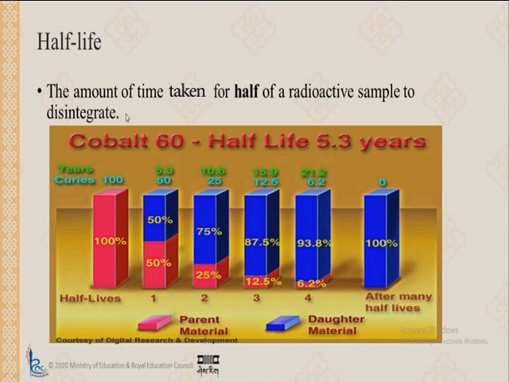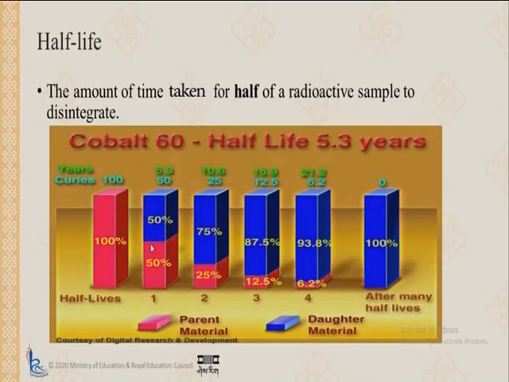So what is half-life? It is the time taken by a radioactive substance to disintegrate to half of its concentration. From 100 it becomes 50, from 50 it becomes 25. So what is the time taken in that process to reduce to half of its concentration? They found out that in the first case, the half-life was 5.3 years.